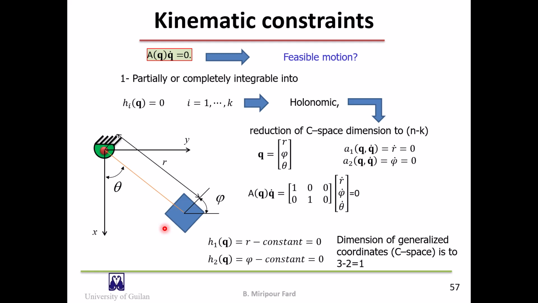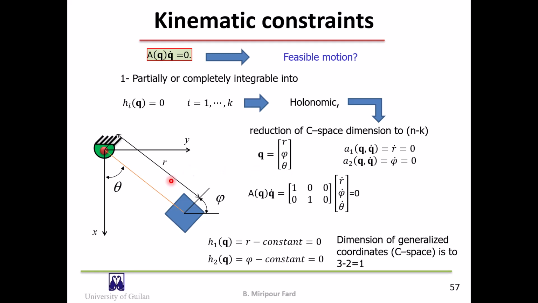Here the question arises as to what the possible or feasible movements could be despite these constraints. There are two cases for these constraints. One, if the constraints are partially or completely integrable into a function like h_i, then we call the constraints holonomic. For example, to analyze the movement of a rigid body like this square on the plane, three coordinates r, phi, and theta are necessary.